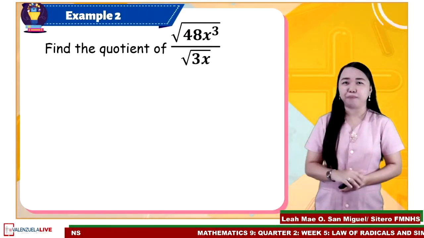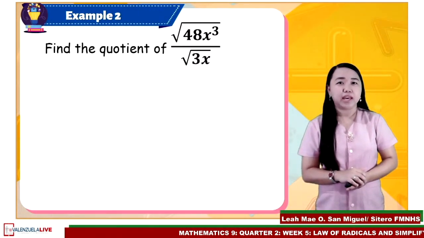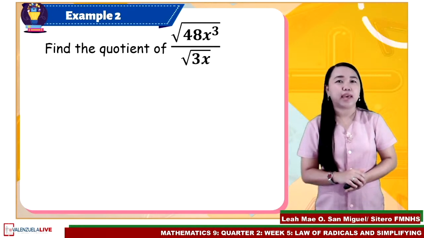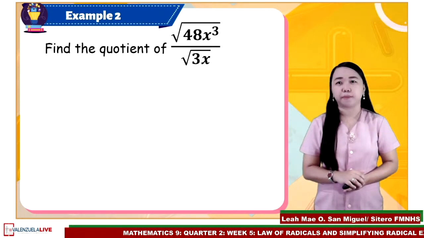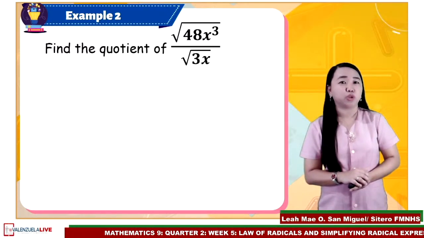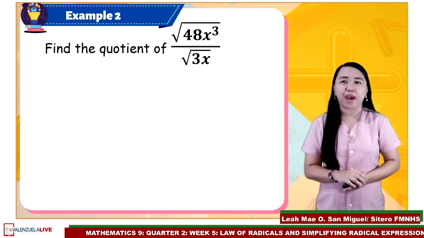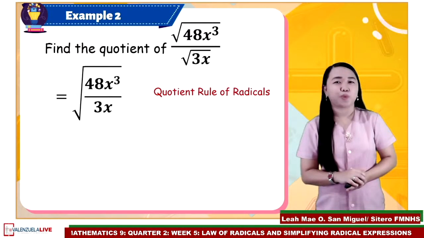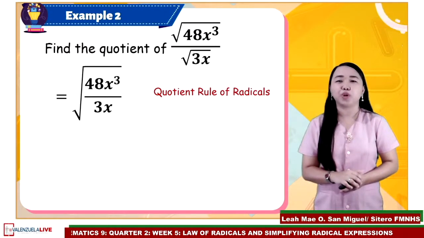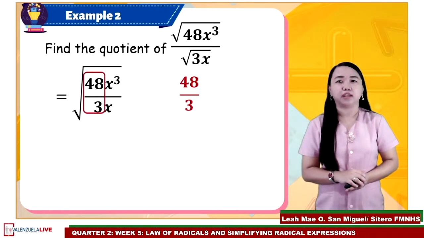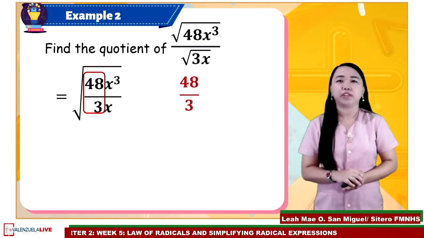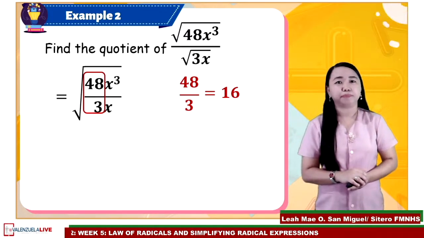Second example. Simplify square root of 48x cubed over square root of 3x. Applying the quotient rule of radicals, we can write it as square root of 48x cubed over 3x. Simplifying the radicand, 48 divided by 3 is 16.